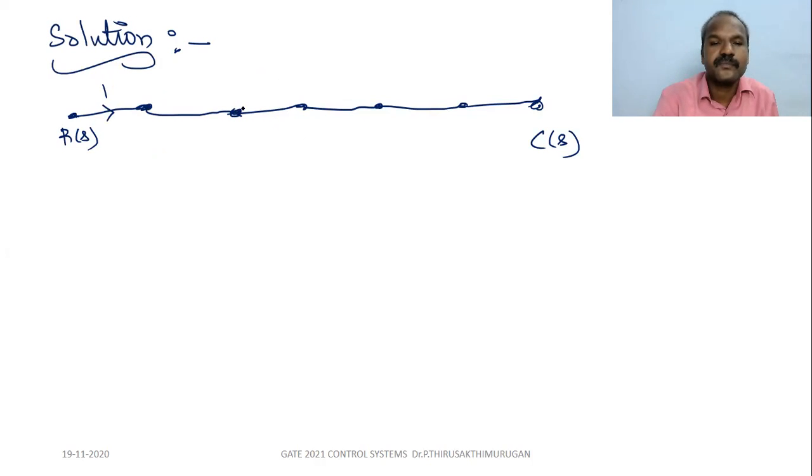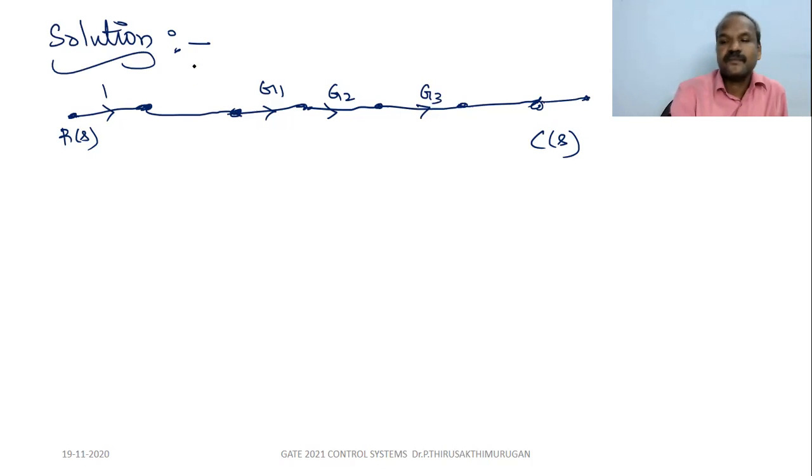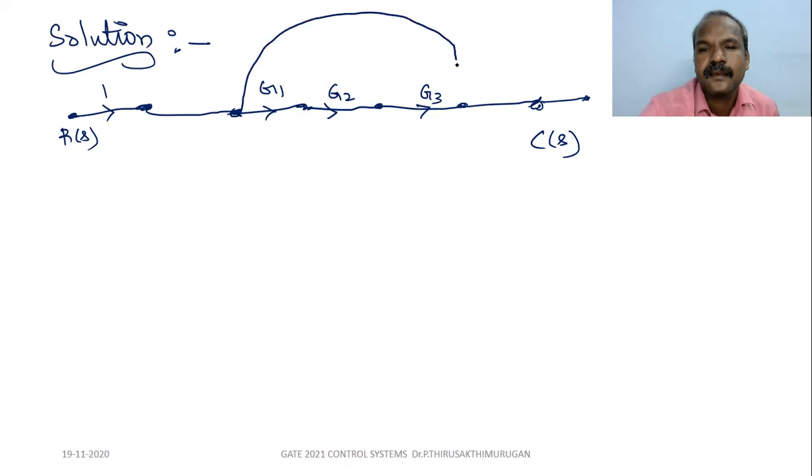This is G1, this is G2, G3, and this is C of S. So between these two, across G1, G2, G3, one forward path is there.